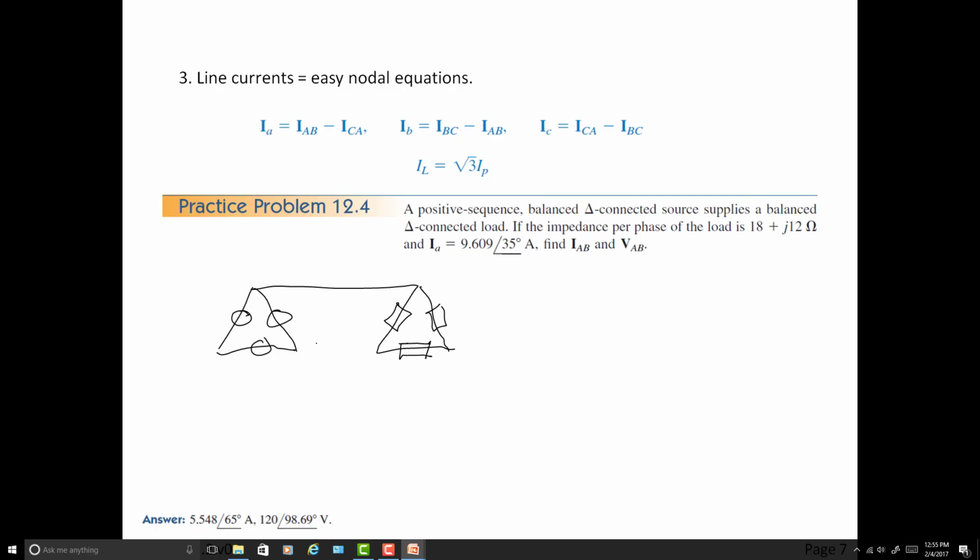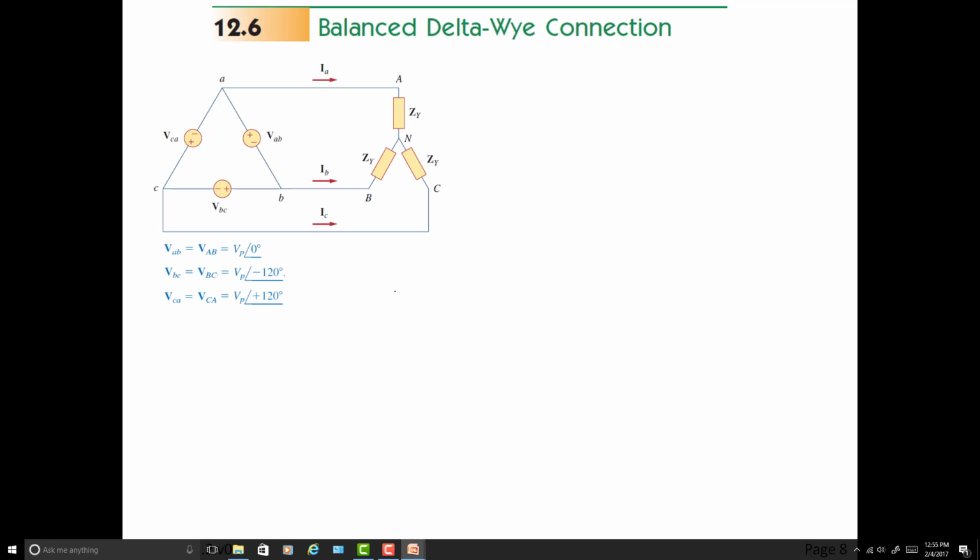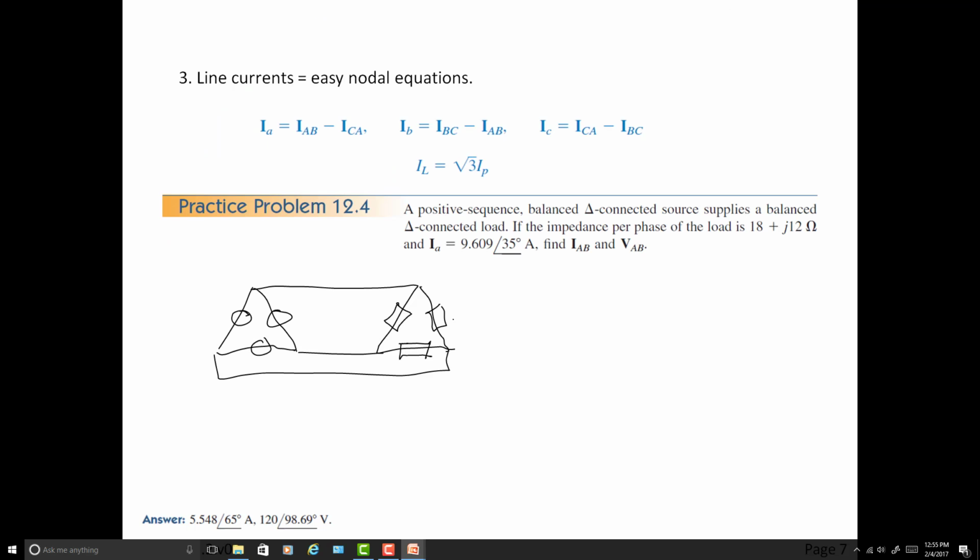The connections are straightforward, but we've got the reference in case we need it. So now, if the impedance per phase of the load is 18 plus j12.